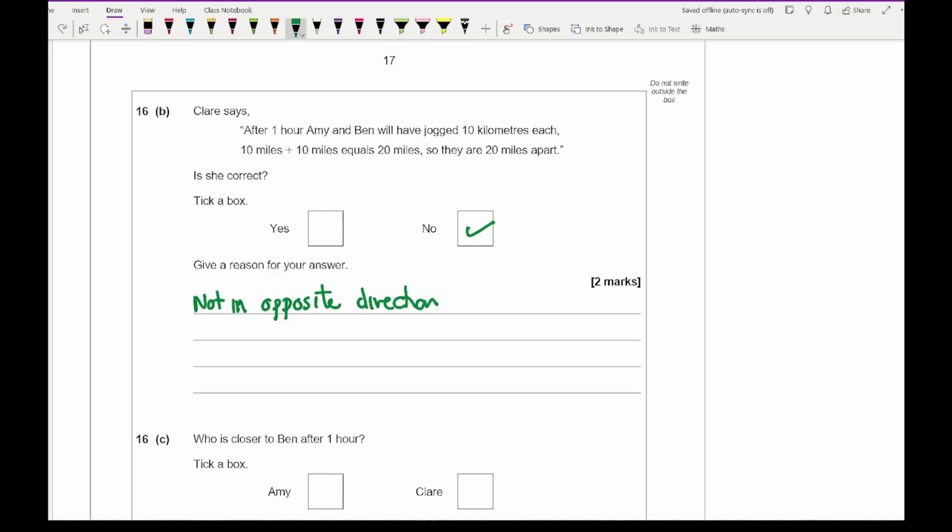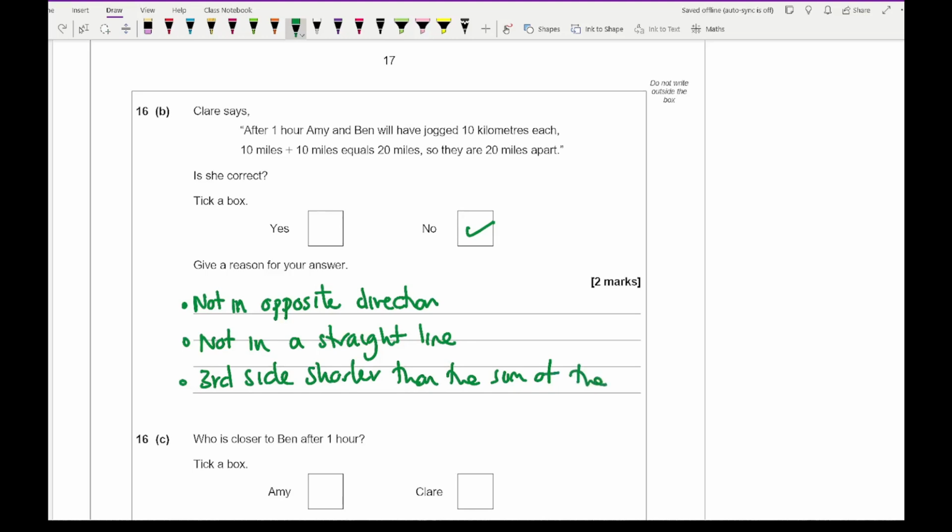They're not going in a straight line. Or you could say something along the lines of the third side is shorter than the sum of the other two sides, and this kind of implies constructing triangles.